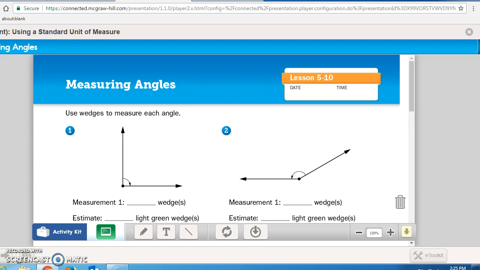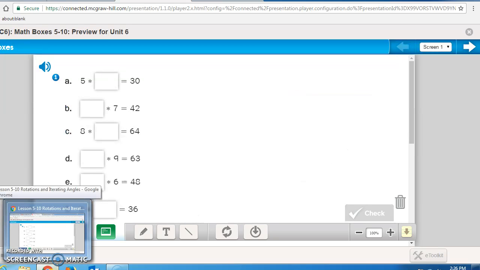So first estimate on measurement 2, how many light green wedges will it take to fill in the area for the first angle? Then finish 2, 3, 4, 5, and 6. When you've completed page 179, please do Math Journal page 180. After you've checked page 179 in your Math Journal, I would like you to do Math Journal page 180.